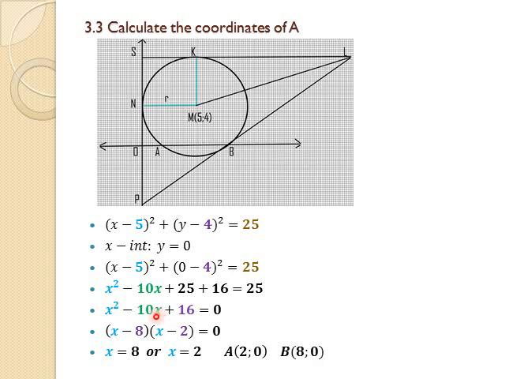Factors of 16 that add up to 10: negative 8x minus 2x gives me negative 10x, but negative 8 times negative 2 gives me positive 16. Therefore, x equals 8 or x equals 2. So A is (2, 0), and B would be (8, 0). So there we got the coordinates.